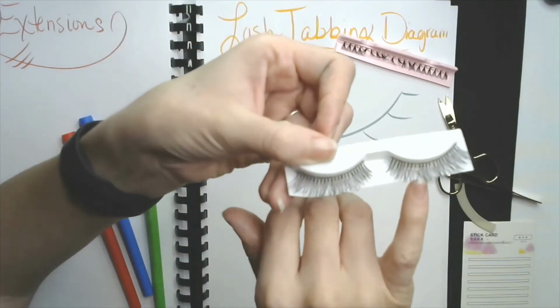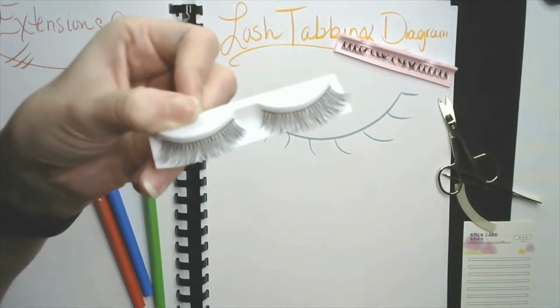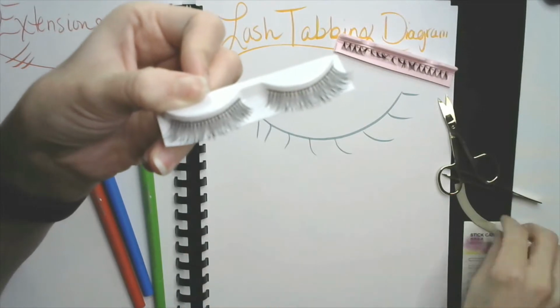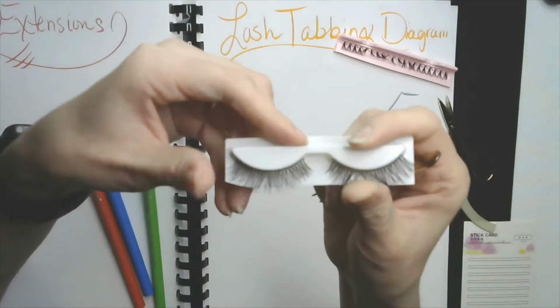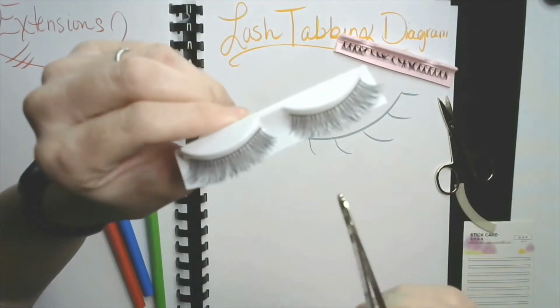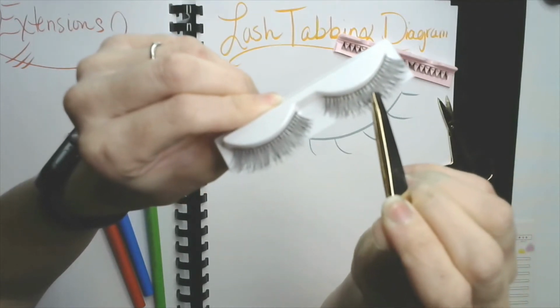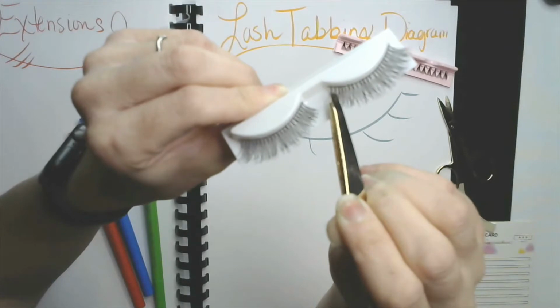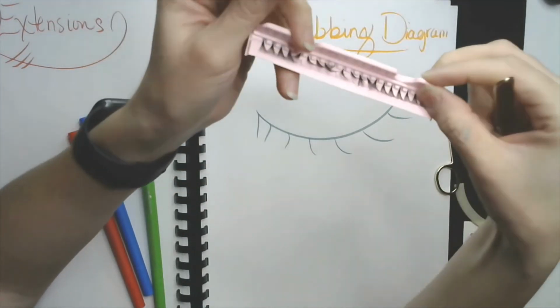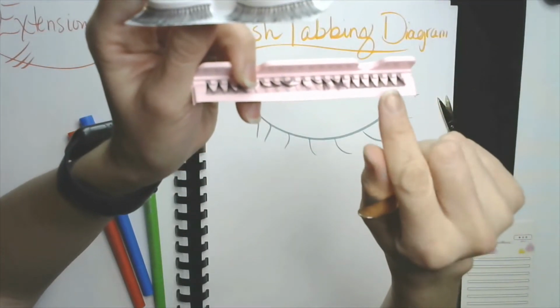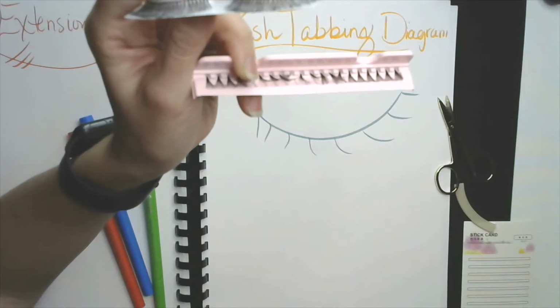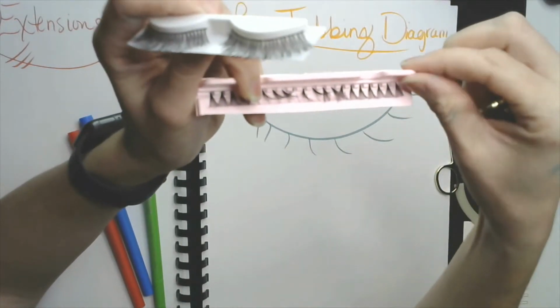When you take a look at the actual strip, you're going to be able to see the little lash clusters and the spacing in between on the strip lash that are very similar and look like these little individual lash clusters for the lash tabbing.